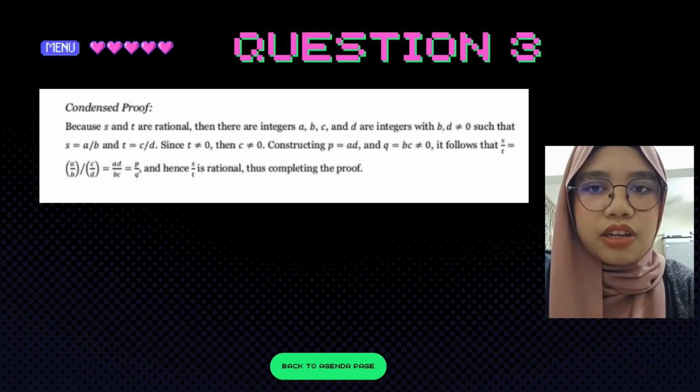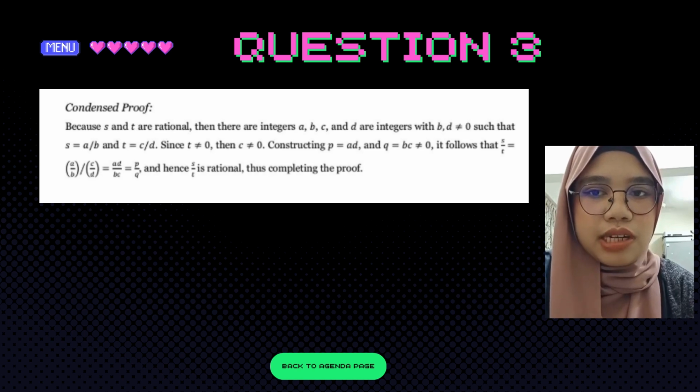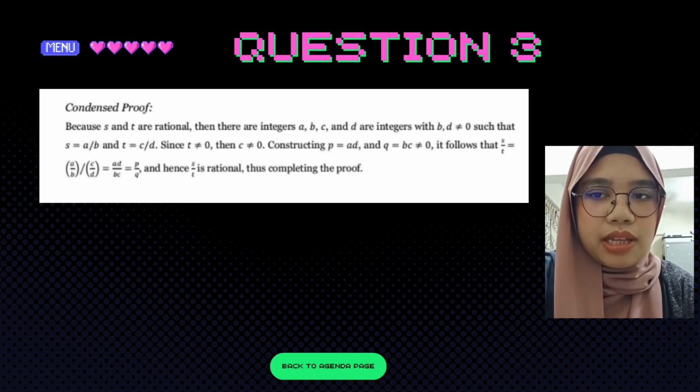After that, we are going to show our condensed proof. Because S and T are rational, there are integers A, B, C, and D with B, D isn't equal to 0 such that S equal to A over B and T equal to C over D. Since T isn't equal to 0, then C isn't equal to 0.